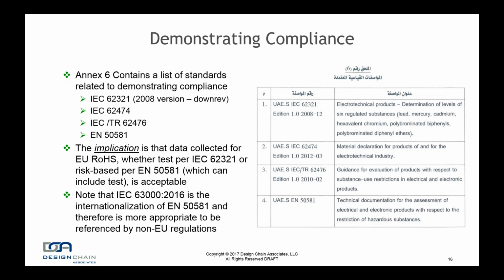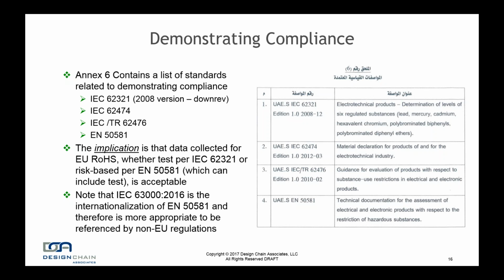TC111 and IEC is pretty close, probably a year away from issuing an update to that. So that's the current version. 62476, I'm not sure that anybody actually uses that. And 50581, which is the harmonized standard for EU RoHS.